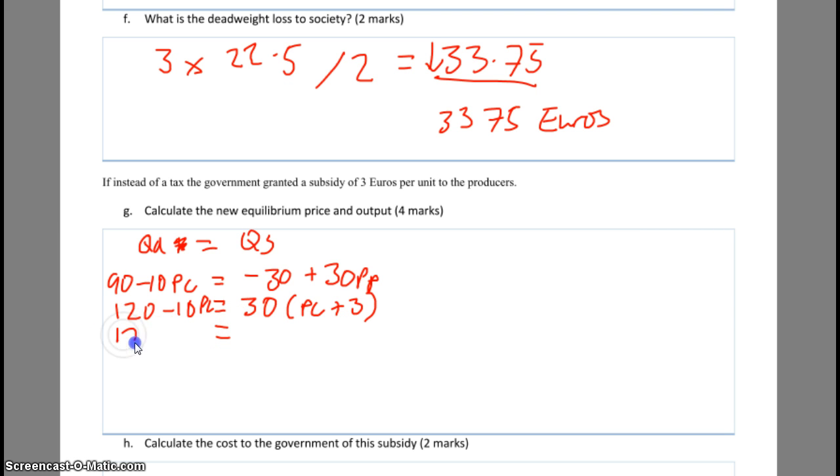So we're just doing it in one step, 10 PC, so that equals 30 PC plus 90.